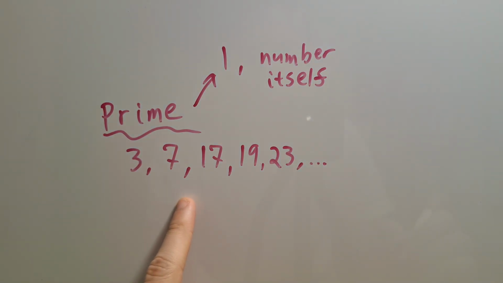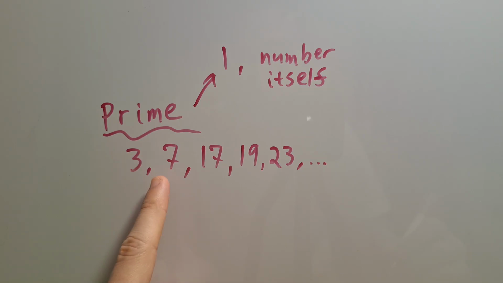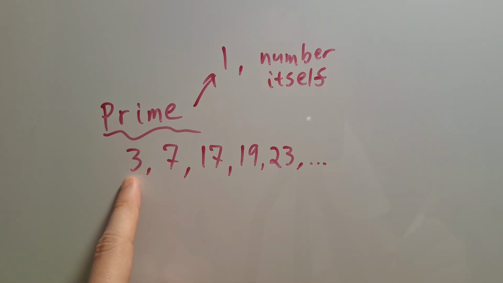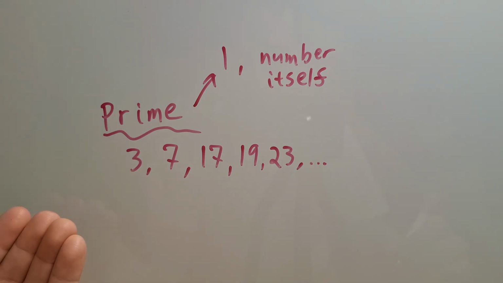These are all examples of prime numbers because they are only divisible by themselves and 1. Meaning if you were to divide each of these numbers by their respective value, in this case 3, you would get an integer answer.